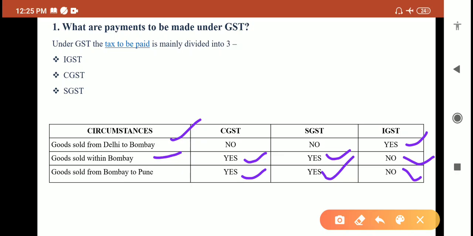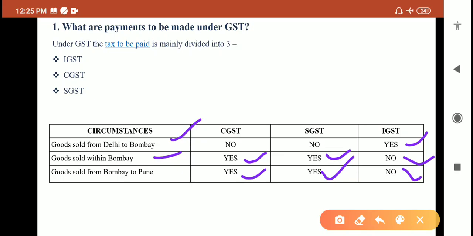The rate of tax shall not exceed 14%. It should not exceed 14% because the maximum GST rate is 28%. So if the GST rate of 28% is split into central and state, it will be 14 and 14.